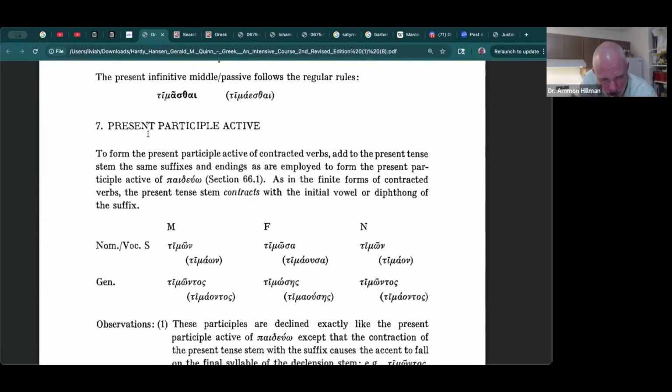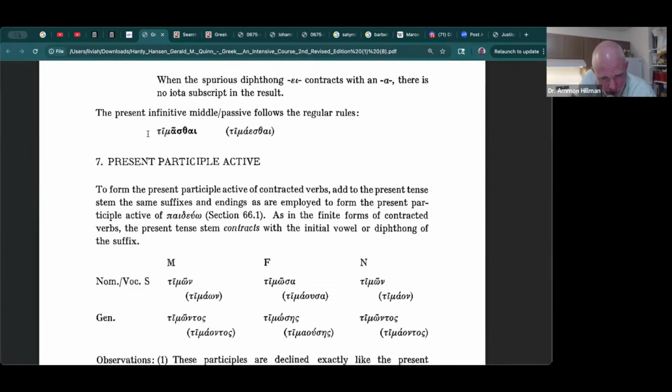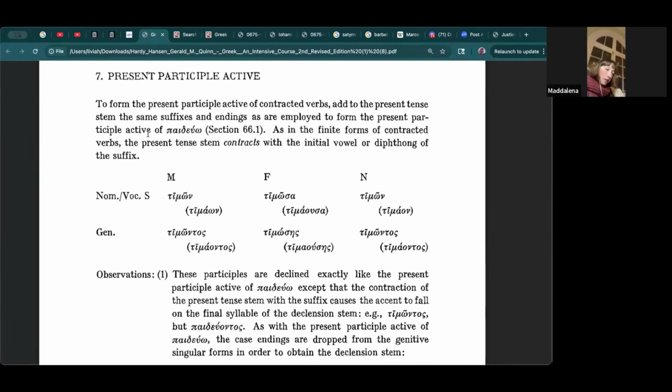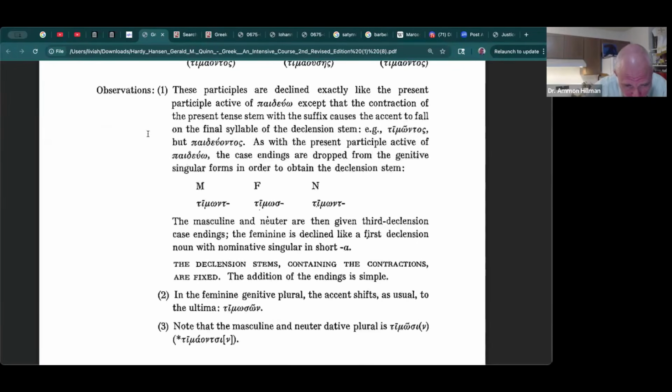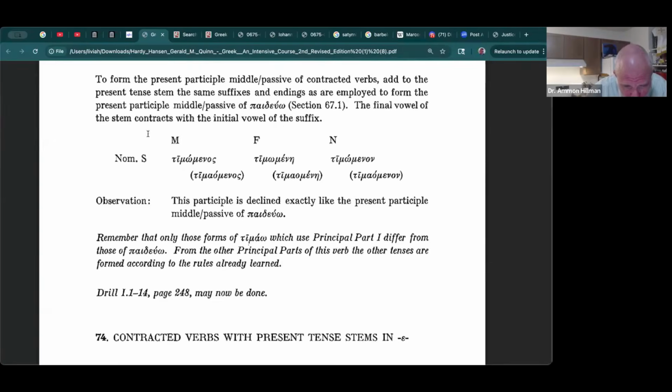Go down to the participles, page 235, and look at the participles. Timon is tima plus on, so it's just timon. Timon, timosa, timon. Okay. We can make the adjustments in our head.